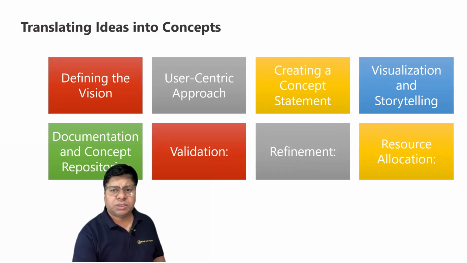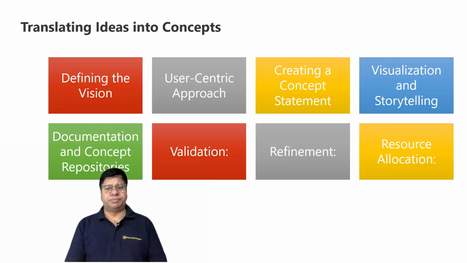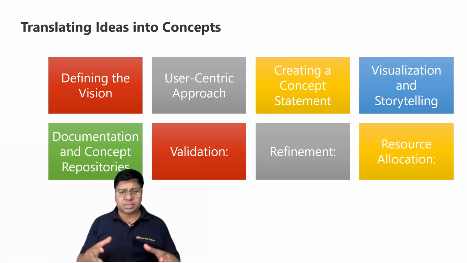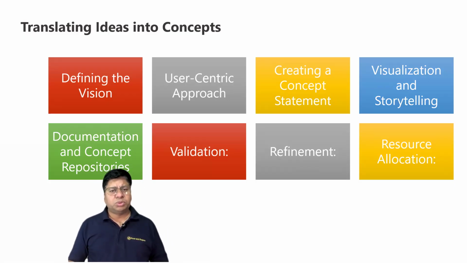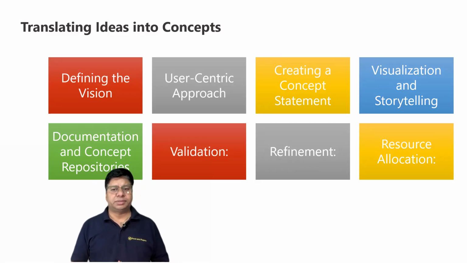The next one, the fifth one, is documentation and concept repositories. Capture your concept details in a shareable, organized way. Either it's a concept brief, target persona, use case, assumptions, or risks. You can use tools like Notion, Confluence, or even share in a Google Doc.